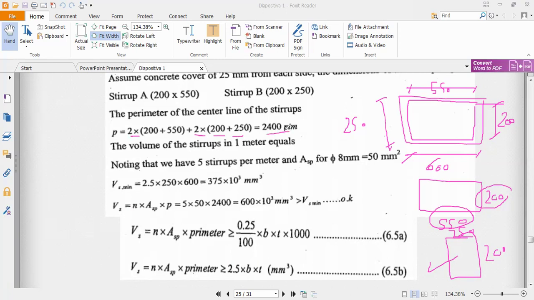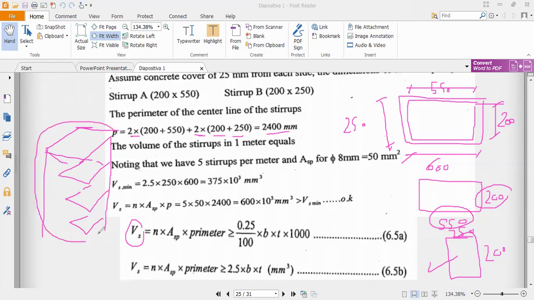You can get parameters 2400. I would like to explain the meaning of volume. It's easy to understand. Consider the strips in a distance of 1 meter.